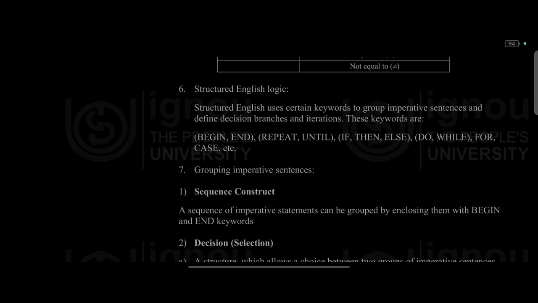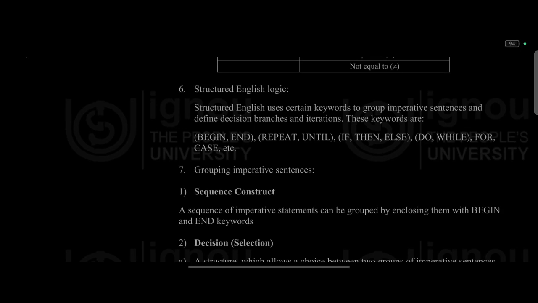Structured English uses certain keywords to group imperative sentences and define decision branches and iterations. These keywords are begin, end, repeat until, if-then-else, do while, for, case, etc. Grouping imperative sentences.